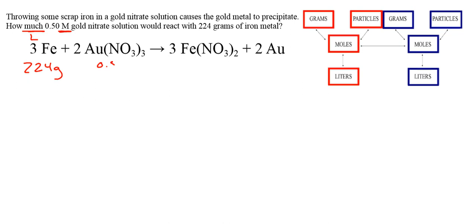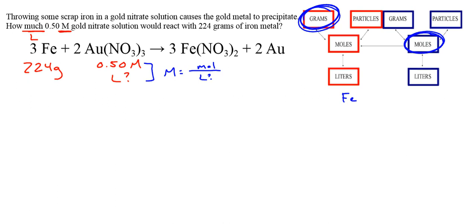So I have 0.5 molar here, and it's asking for volume. Okay, so you have to have a little vision here. Right here, molarity equals, well, I'm looking for volume, so that means I need to have moles. So I need to find moles, and it looks like I'm starting at grams, right?